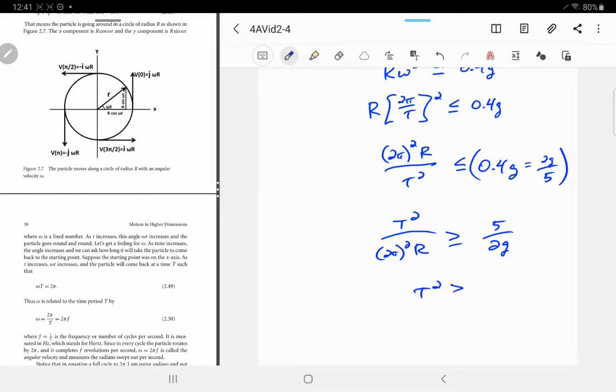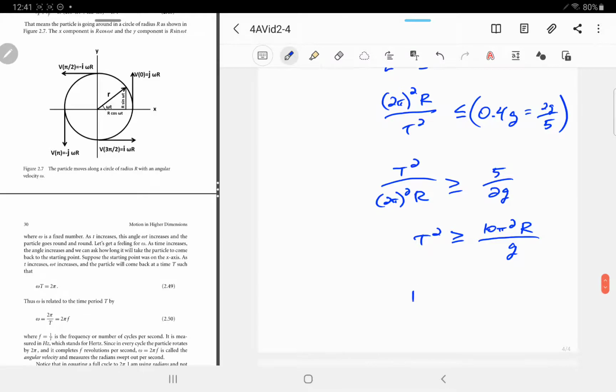So T squared is greater than or equal to, let's see, the 2 squared divided by 2, looks like this is 10 pi squared r over g. Does that look okay? I think that's okay. And then taking the square root of both sides, we get the square root of 10 pi squared r over g.